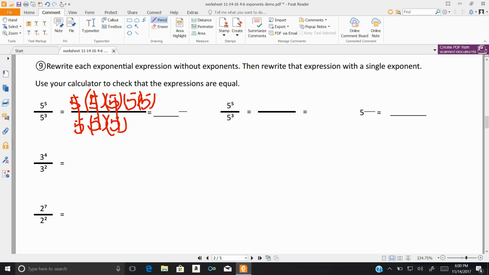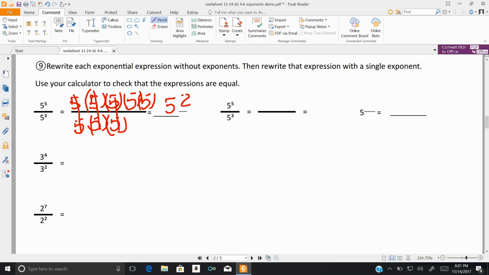If I multiply 3 1s together, I still get 1. And then I multiply that times 5 times 5. 5 times 5 is 5 to the 2nd power. So when I have 5 to the 5th power divided by 5 to the 3rd power, I end up with 5 to the 2nd power.